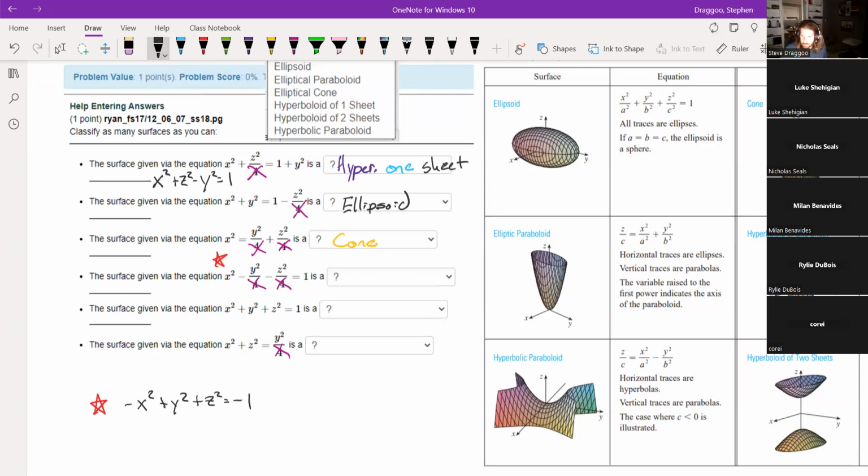So I get that -1 that shows up on the other side. And that makes it a hyperboloid of 2 sheets. So this guy's a hyperboloid, but this time it's 2 sheets.